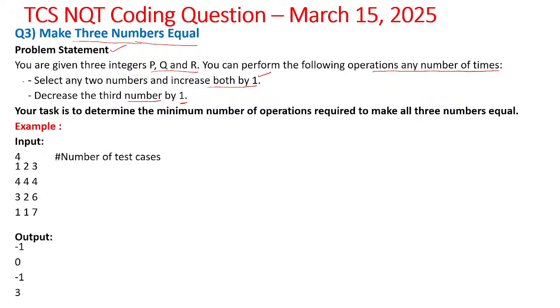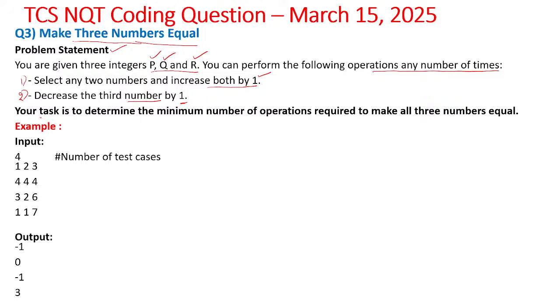These two operations, operation 1 and 2, you can perform on these three numbers p, q, and r any number of times, and see that finally the numbers become equal. Got it? So example here.